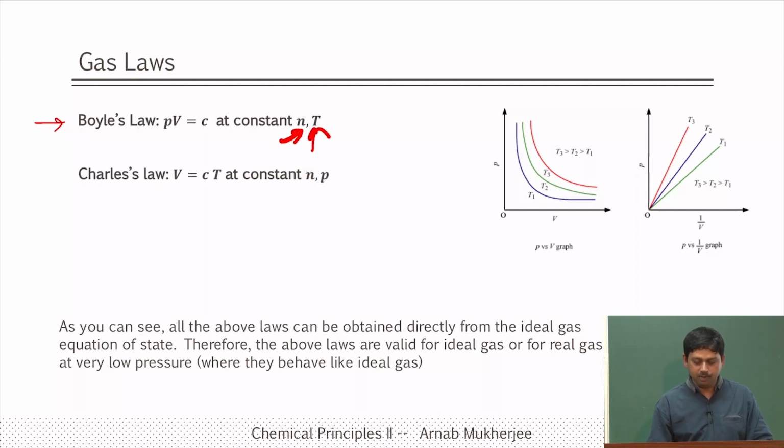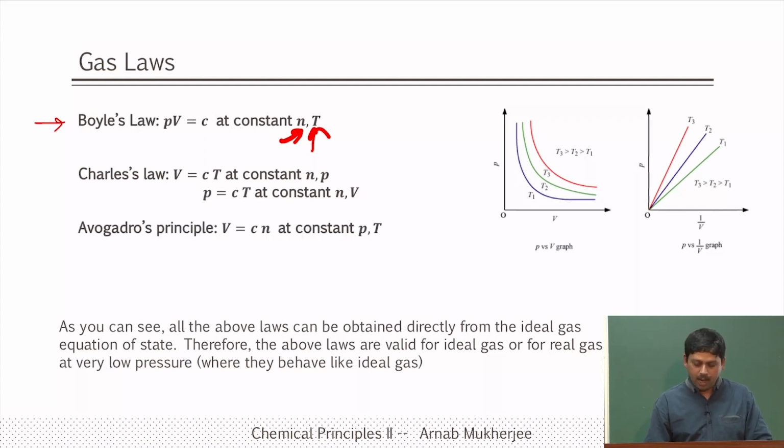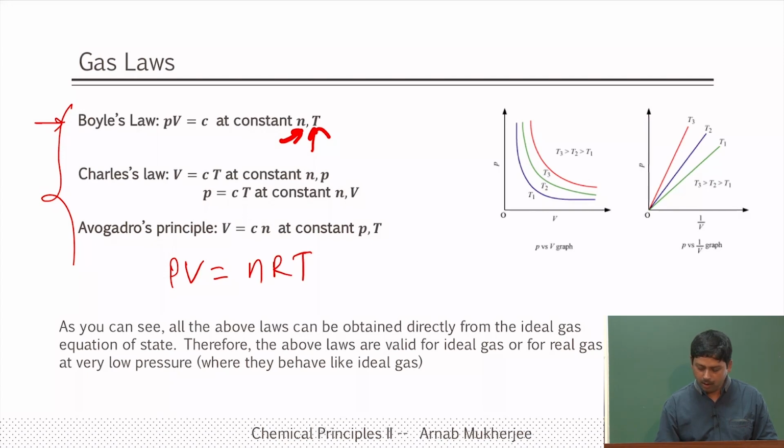Charles' law, which says that volume is proportional to temperature at constant number of moles and pressure, and then Avogadro's principle is that volume is proportional to number of moles. Now, if you put all that together, from all these three one can get PV equal to nRT or PV bar equal to RT.